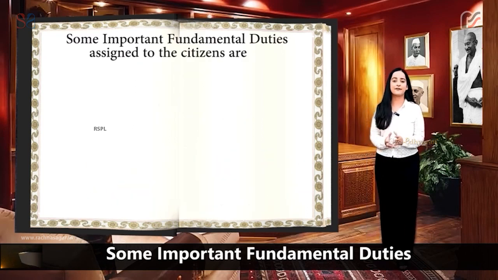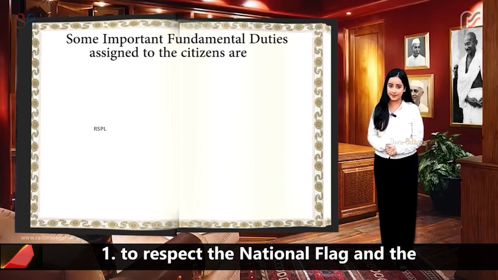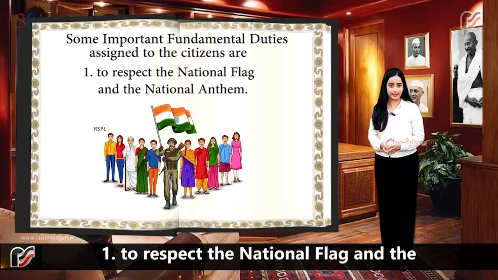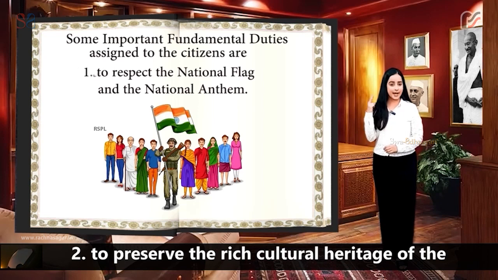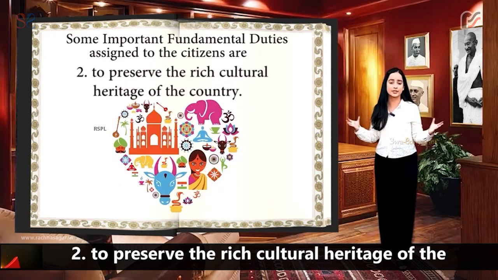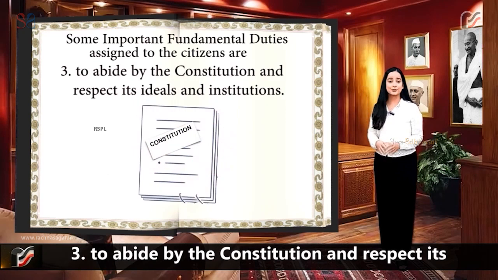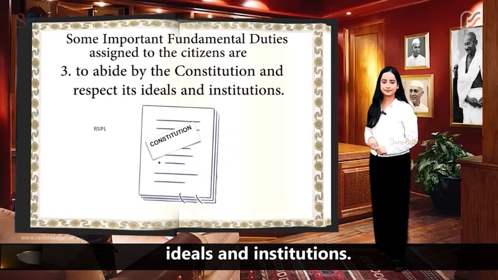Some important fundamental duties assigned to the citizens are: number one, to respect the national flag and the national anthem. Number two, to preserve the rich cultural heritage of the country. Number three, to abide by the Constitution and respect its ideals and institutions.